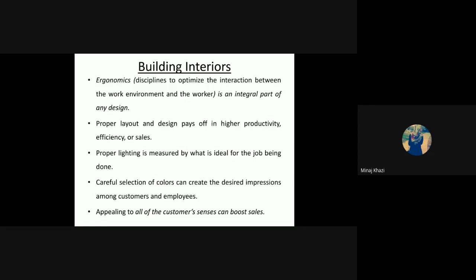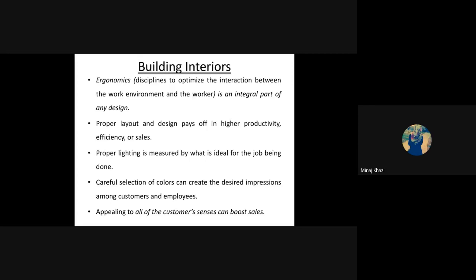Any design or layout you bring into your retail store, the interaction of the worker and the working environment is very important. So optimizing them, or making both suitable for each other, has to be there.